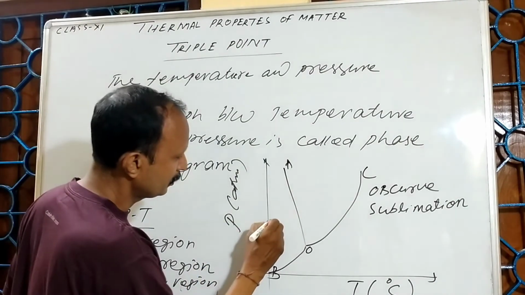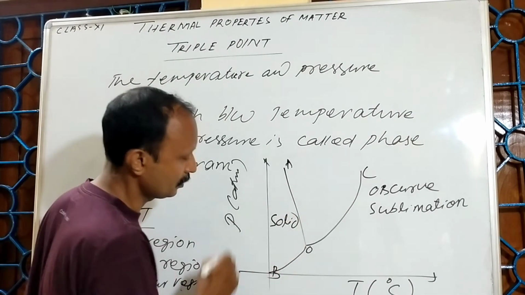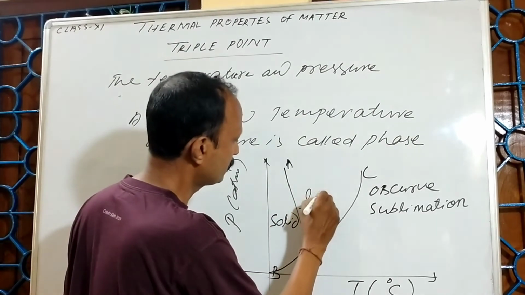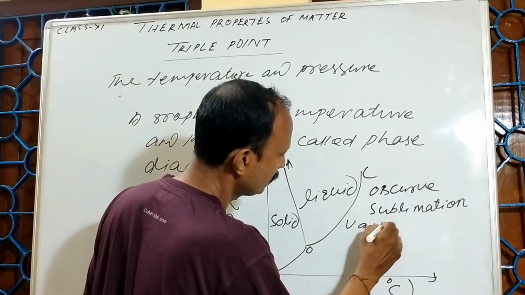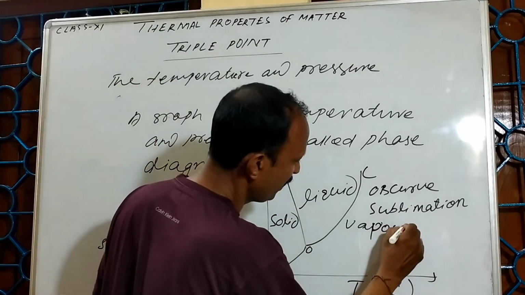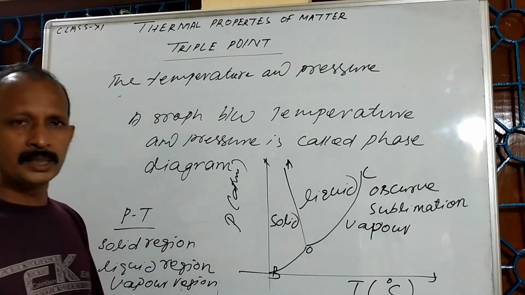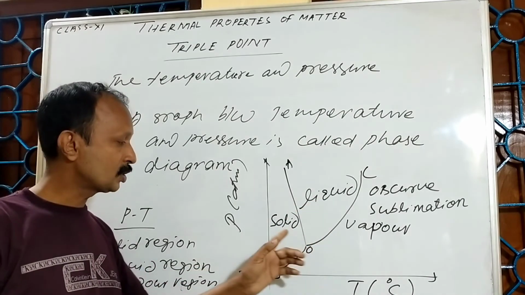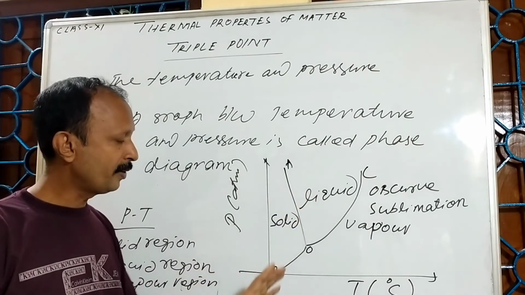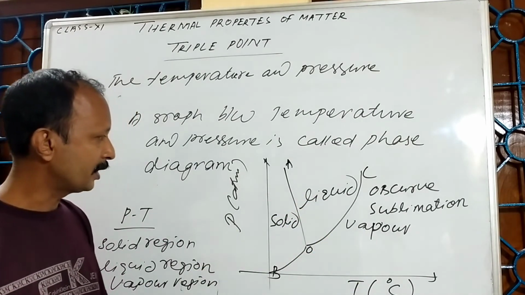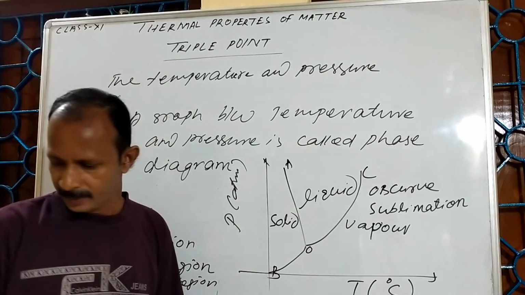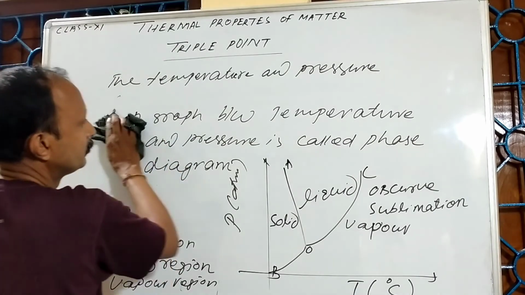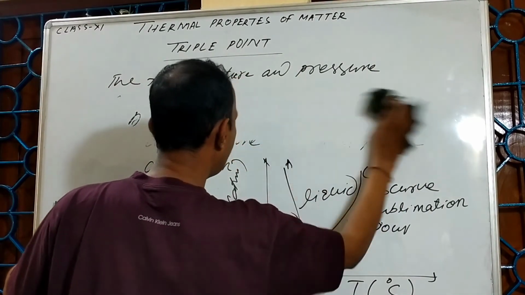Here, this is solid, this is liquid, this is vapor. Three phases are there. Solid phase is there, liquid phase is there, vapor phase is there. So the graph BO or OB represents the sublimation curve.